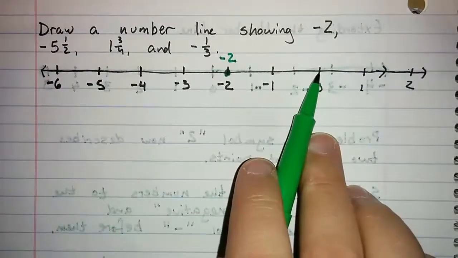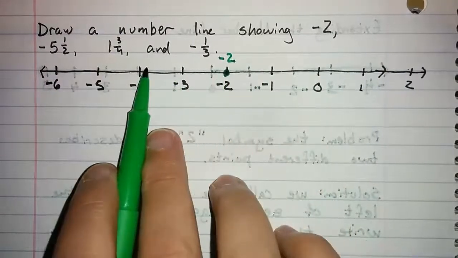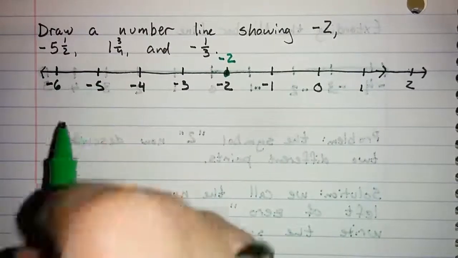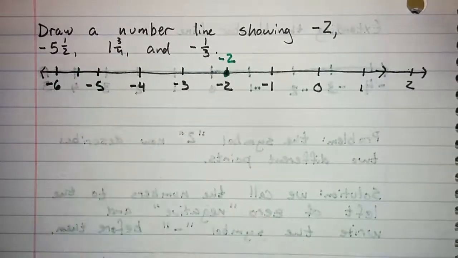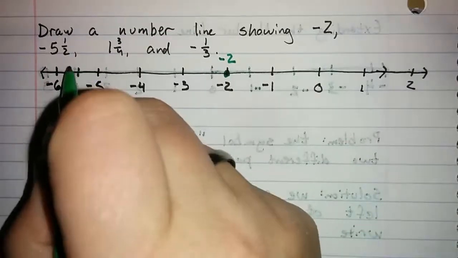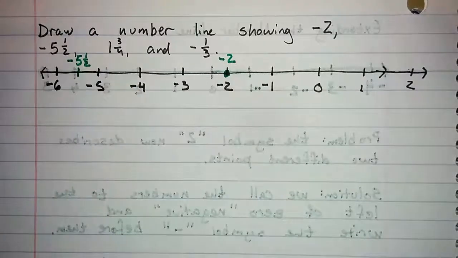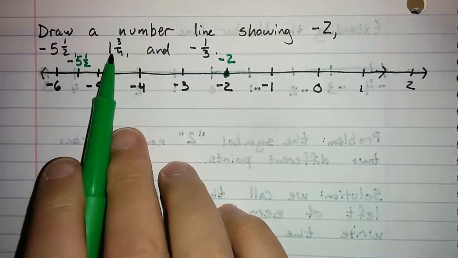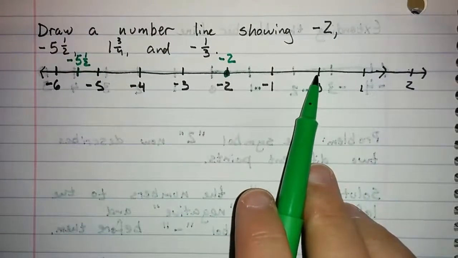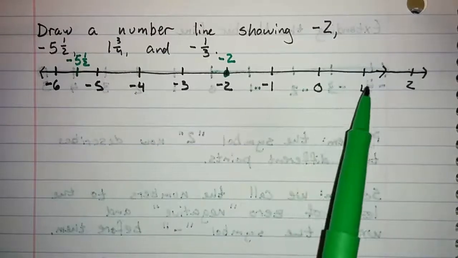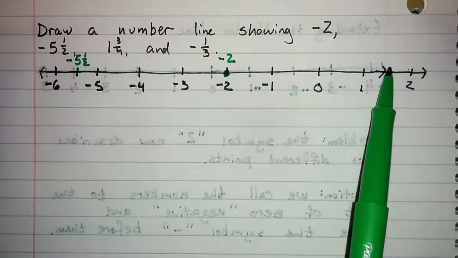-5.5. I go from 0, 1, 2, 3, 4, 5, and then a further half. So I cut this unit into 2 equal parts. Here's -5.5. +1 3/4. So 1 unit, and then I need another 3/4.